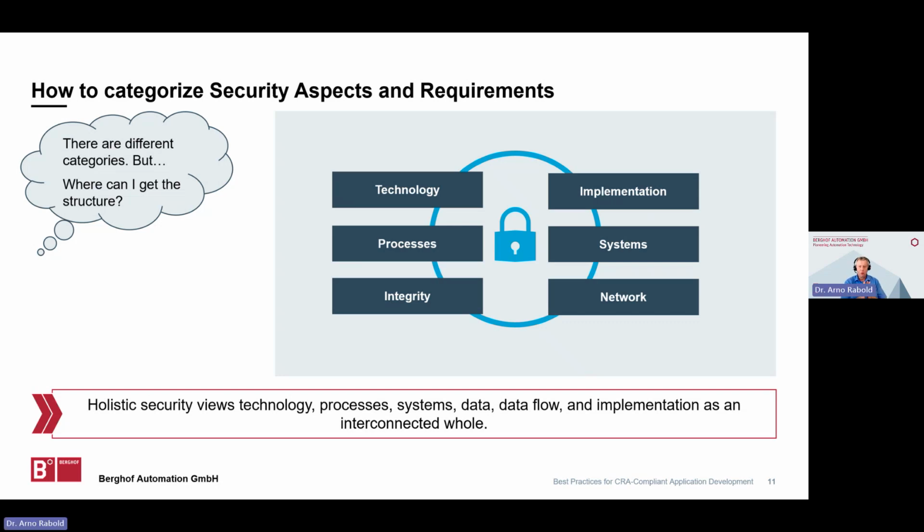But what to do if we want to get even more specific? How to categorize the security aspects and requirements? You have to care about technology, implementation, processes, systems, integrity and network, and where to get some good advice or structure to go on.